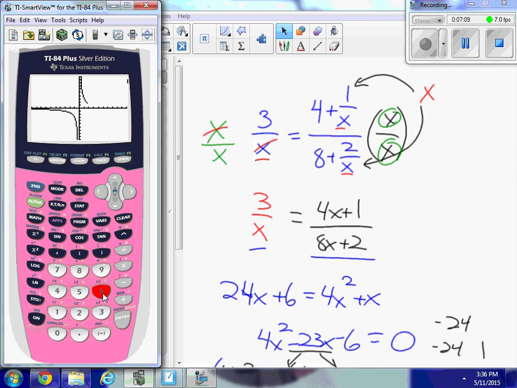There's 3 divided by x, and here is the other more complicated one. You can see right off the top here that at negative 1/4 there is no intersection. They're not equal there. So the only answer that I could possibly have would have been the 6.